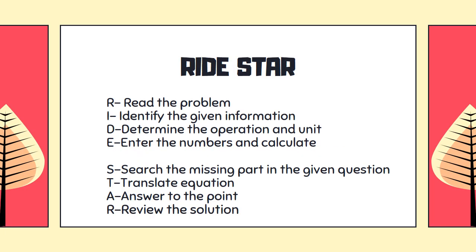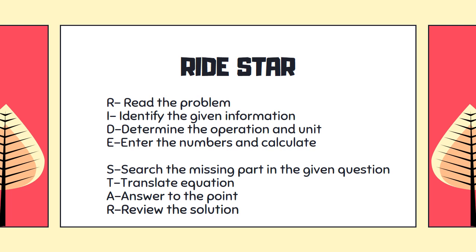Next is RIGHT STAR. So R is, first of all, you need to read the problem. Once you have read the problem, it's important to identify what is given in the question. Then based on what is given, you can determine what operation has to be used, and of course also highlighting the unit, because at the end of the solution, the unit also has to be written.